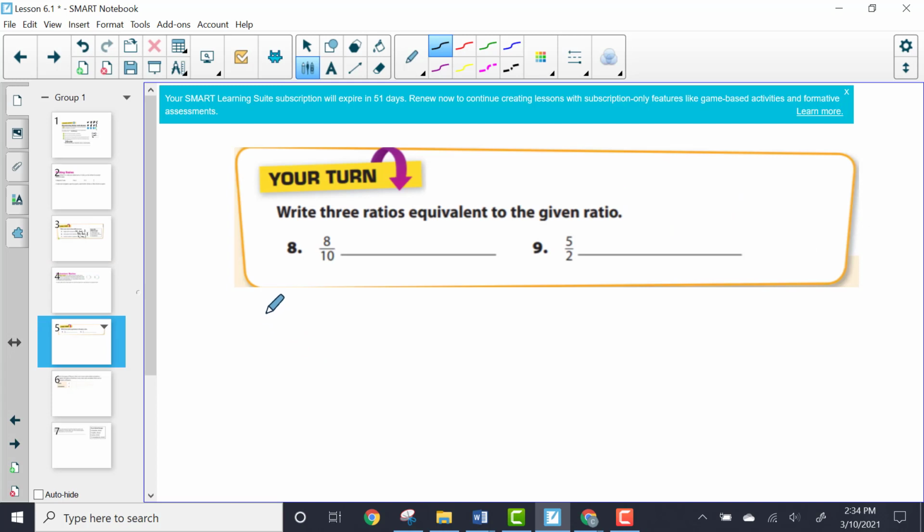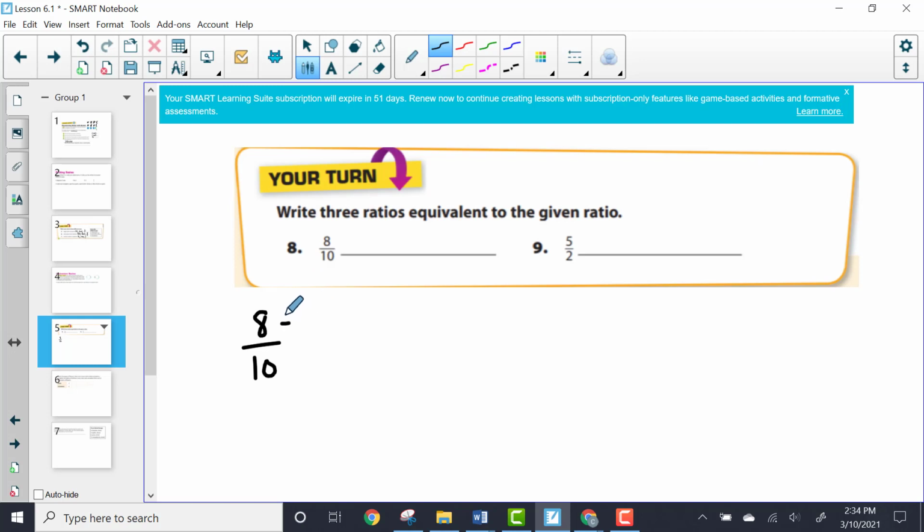So let's look at how to create some equivalent ratios. We have 8 to 10 as the ratio, and thinking about this as fractions is very helpful. First of all, whatever you do to one term, you have to do to the other. That's very important.